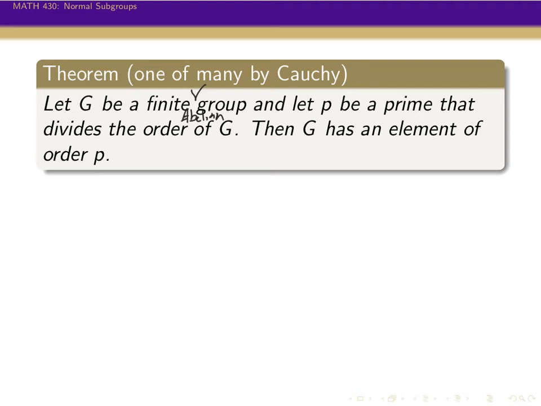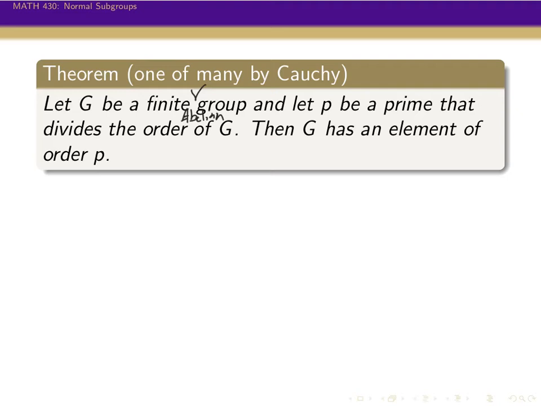The broader statement is that it's true for any group, but this is a much more difficult theorem to prove, and it's a little bit beyond what we can do right now, but we can do it for the case in which we're dealing with abelian groups. Okay, so let G be a finite abelian group, and let P be a prime that divides the order of G. Then G has an element of order P.